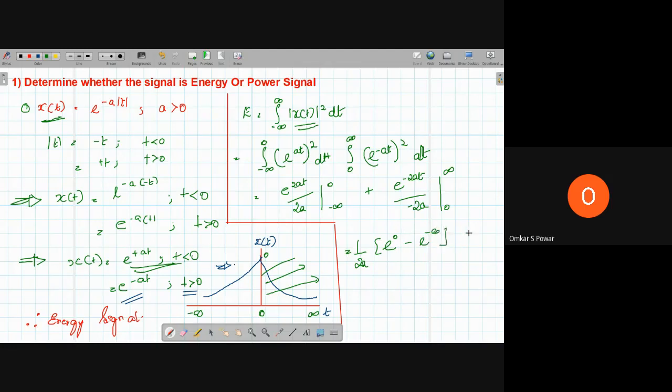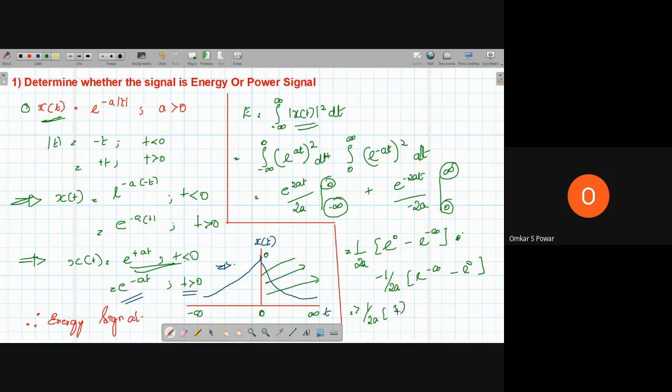Okay. Then minus, we'll write it down here, minus 1 by 2m e power minus infinity minus e power 0, because it's the limits here, 0 and infinity. Okay. Now if we solve this one, 1 by 2m e power 0 is 1, e power minus infinity is 0.